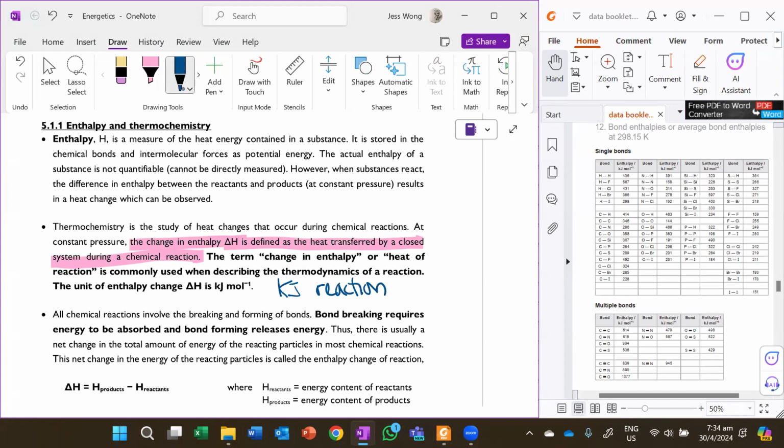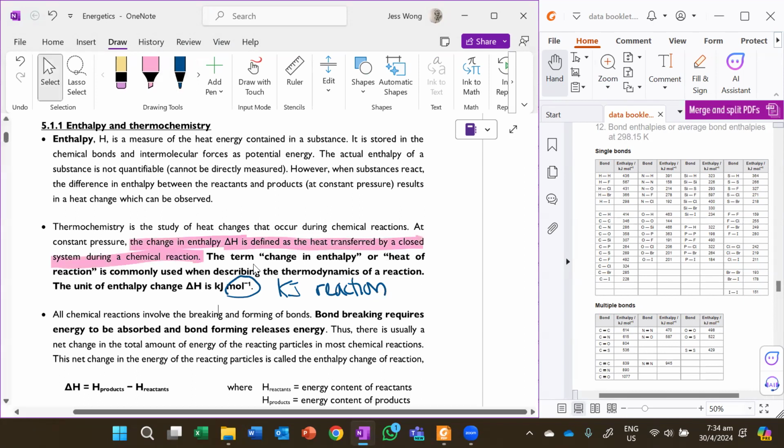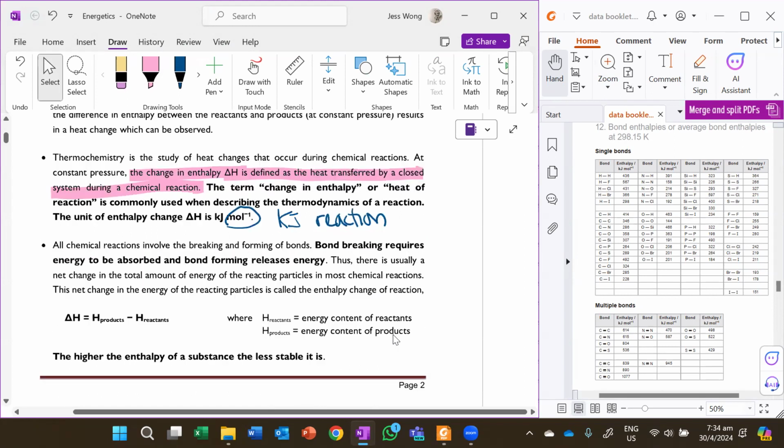But for specific enthalpy changes, like enthalpy change of combustion, formation, or neutralization, it will be kilojoules per mole, because in the definition, they do define 1 mole of something. Generally, if it's reaction, it will be just kilojoules.